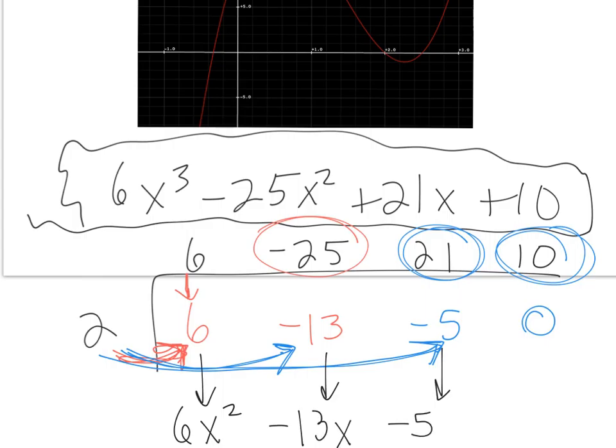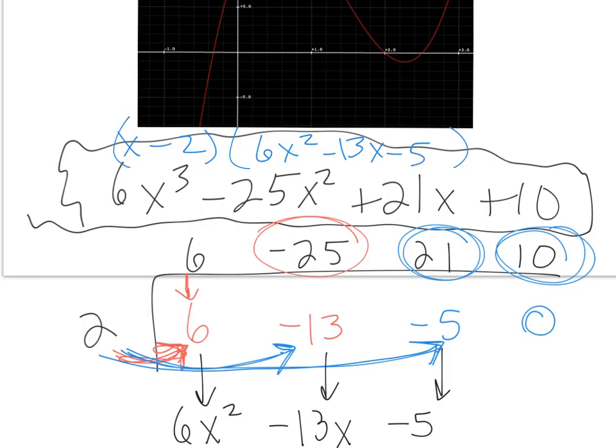Remember that this degree right here is always 1 degree less than the degree you started with. So the fact that 2 is a root means that this original thing already factors into something with x minus 2 involved in it. And then the other quadratic that's left is 6x squared minus 13x minus 5.